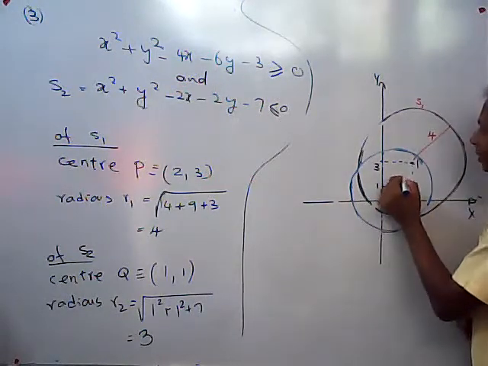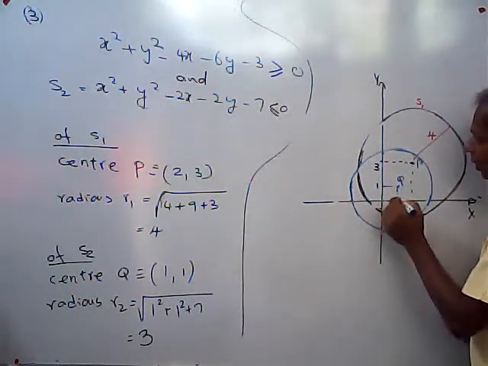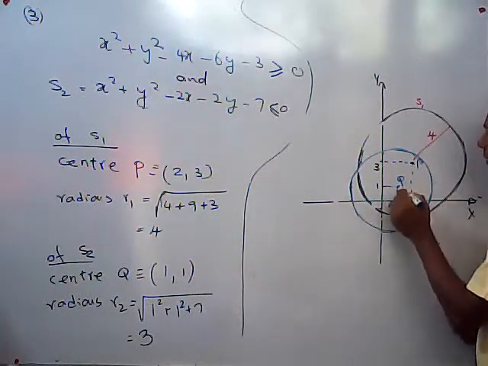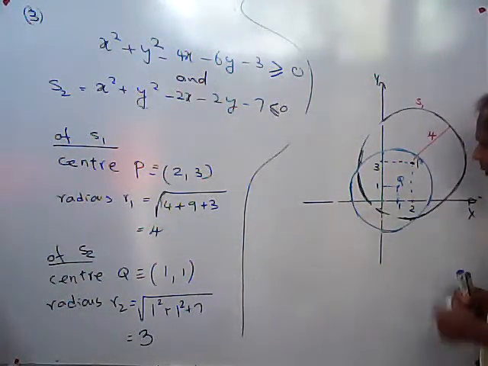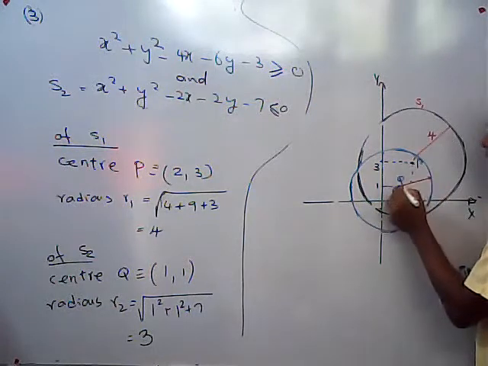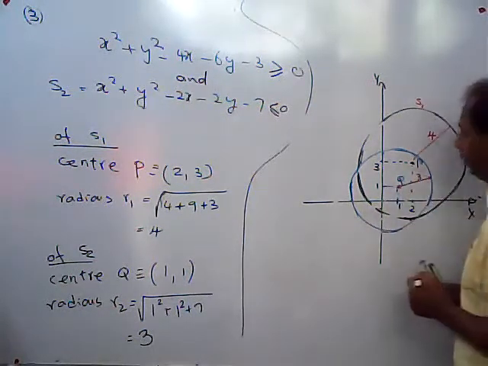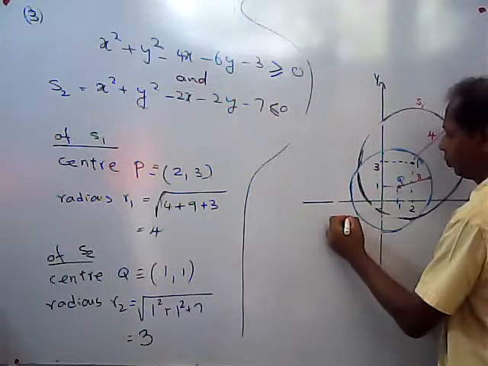So this is the center of the second circle, and the radius is 3. This circle is S2.